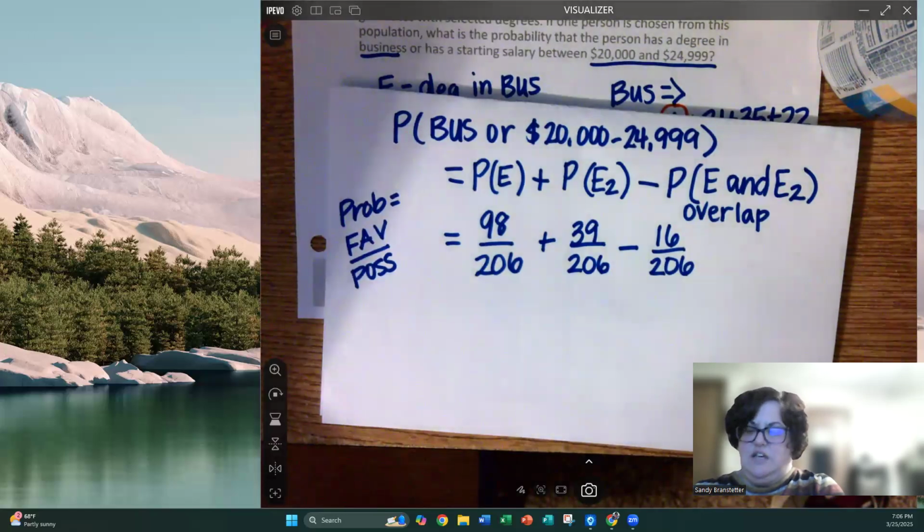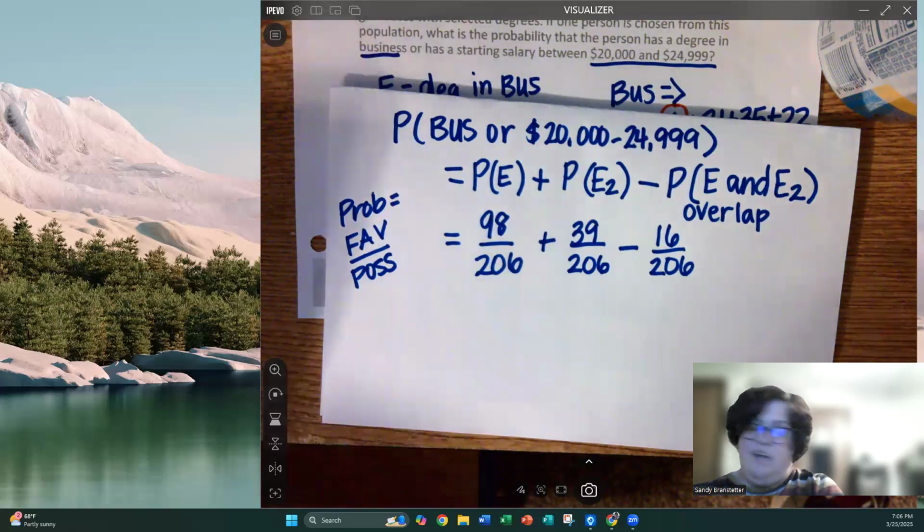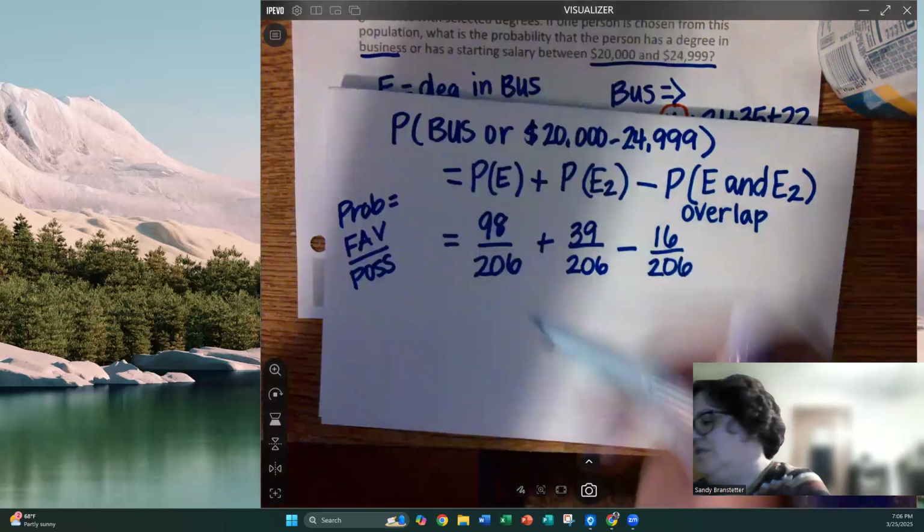So 98 divided by 206 plus 39 divided by 206 minus 16 divided by 206. Now, my calculator, I have to put them in parentheses.